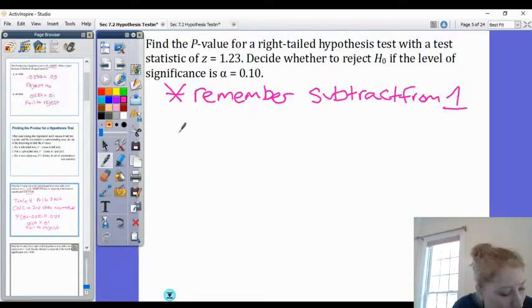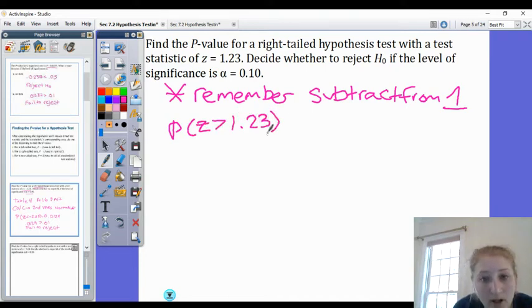Our z value is 1.23, so we're trying to find the probability that it is greater than 1.23, because that's everything to the right of it. If I find the probability of the 1.23, I'm going to get 0.8907.